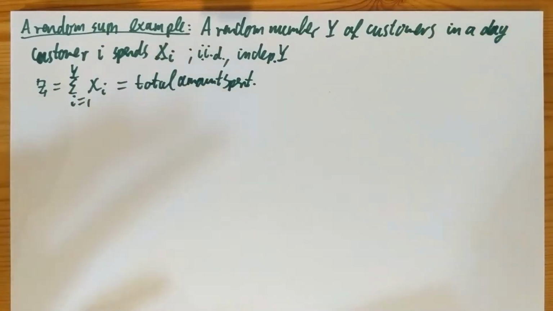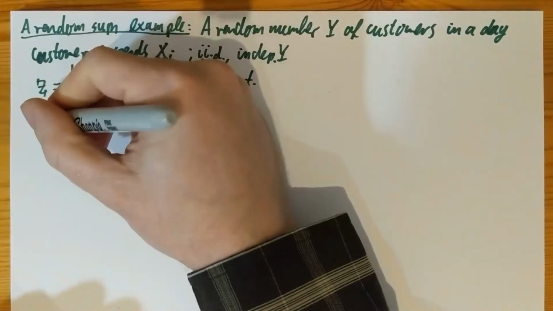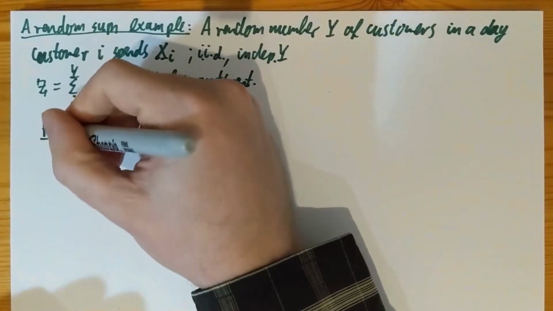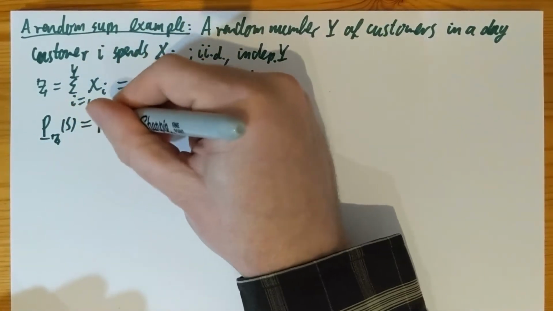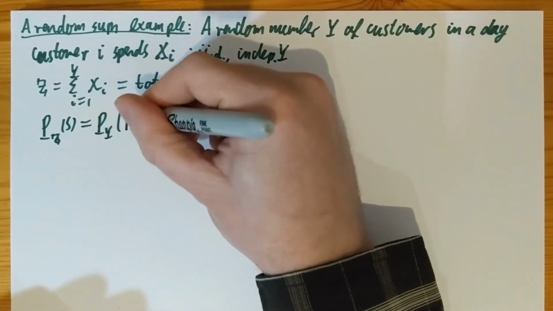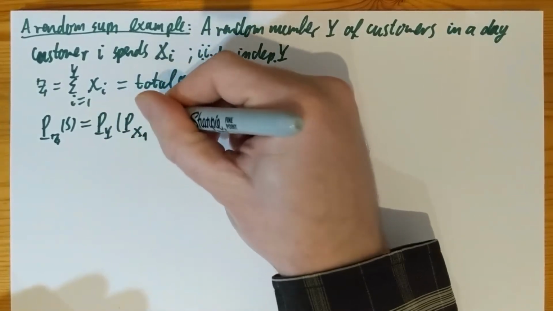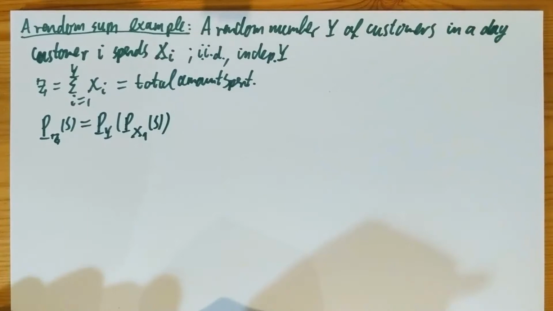Then we know that P_Z of s is going to be P_Y of P_X1 of s. Okay? What I'm aiming for today is to find the expectation and variance of this total amount. Find out from the generating function what is the mean and variance of the total amount spent in this store per day.